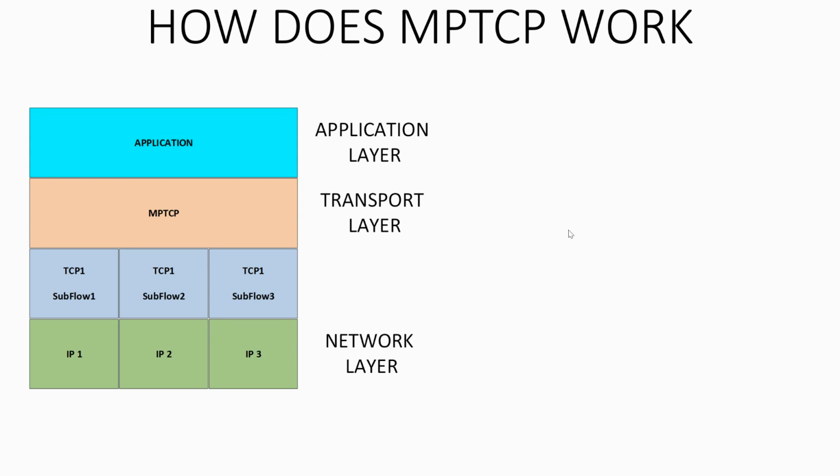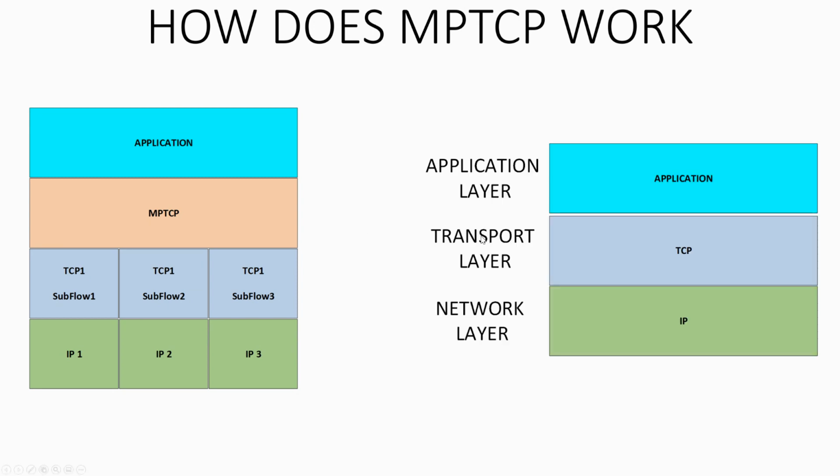In this figure, we can see that there are three substreams, one stream for every network interface that you may have participating in the aggregate bundle. Now, compared to TCP, which is the incumbent protocol, we have a limitation of only a single IP, which is just one single path flow design.